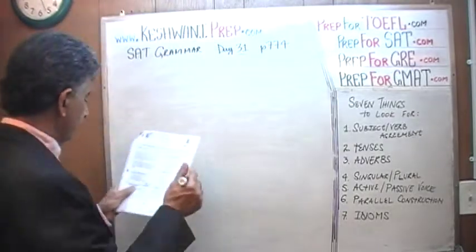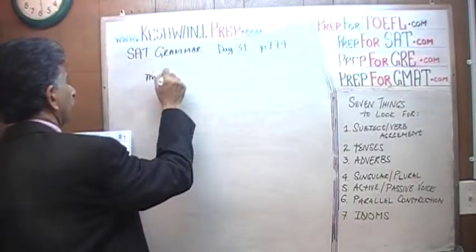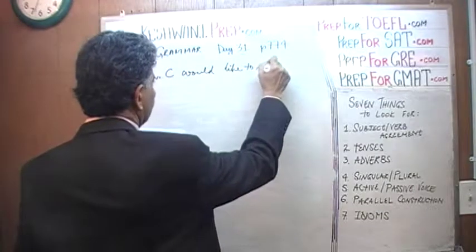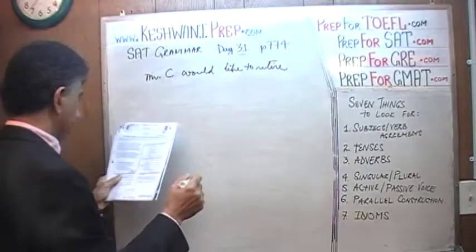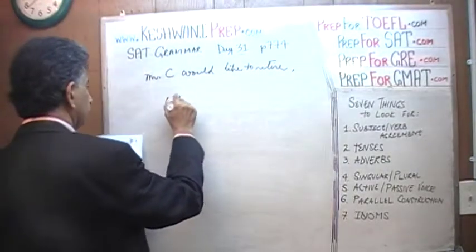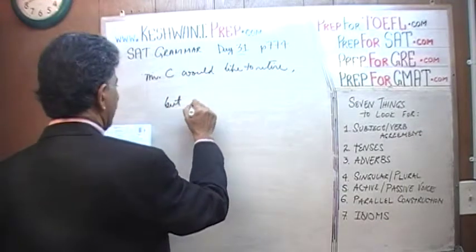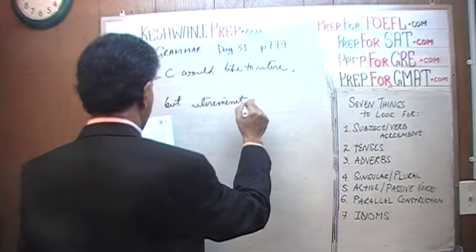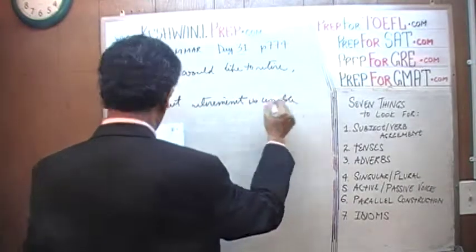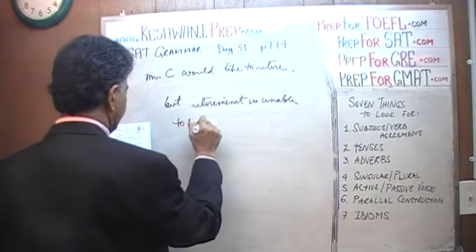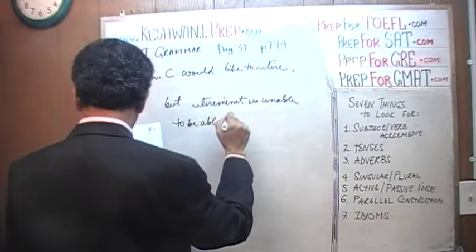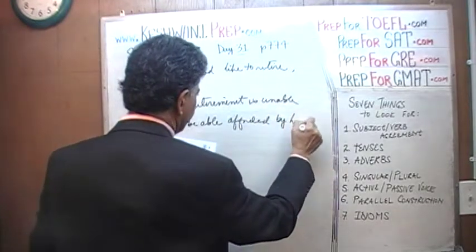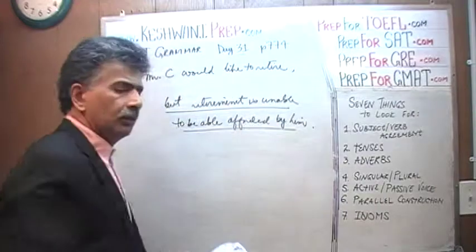It says, Mr. Chung would like to retire. Good for him, but retirement is unable to be afforded by him.